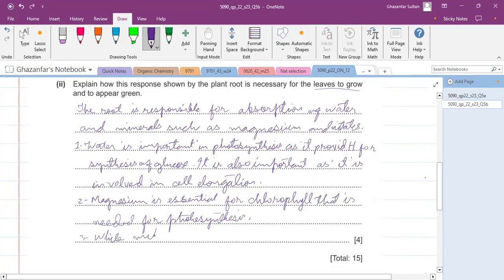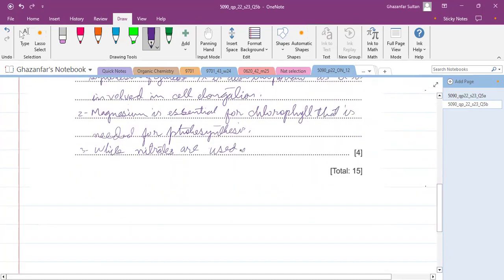While nitrates are used, or in other words you can say that nitrates provide nitrogen for the synthesis of amino acid and ultimately protein.